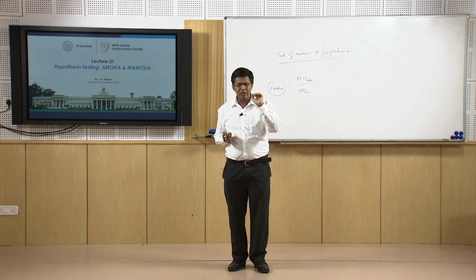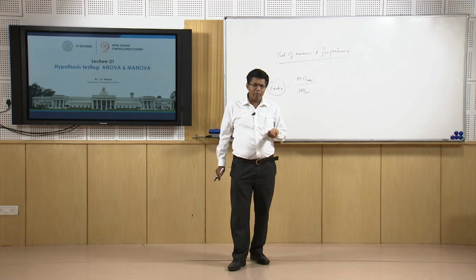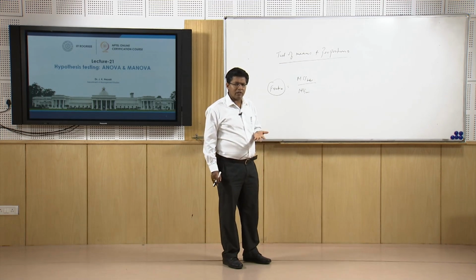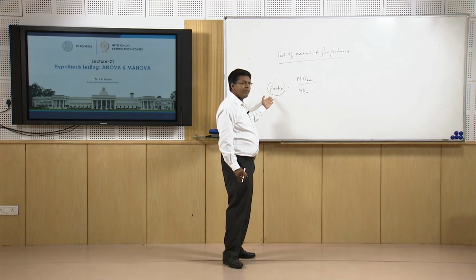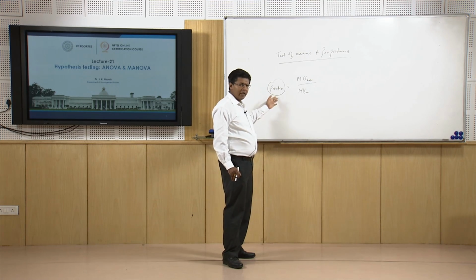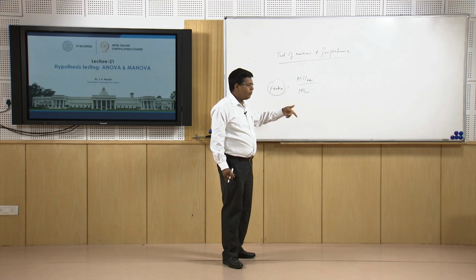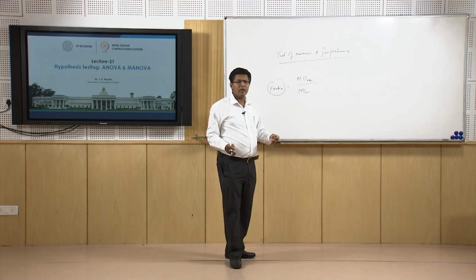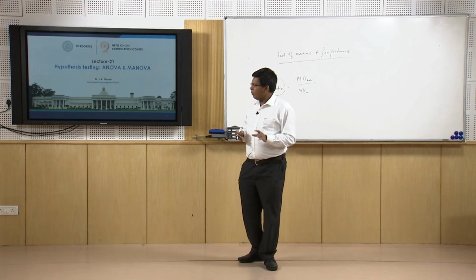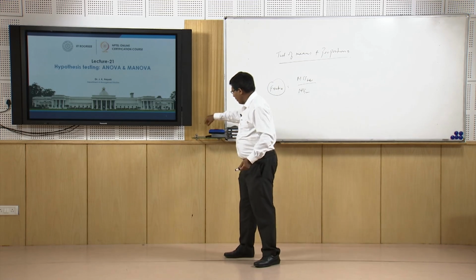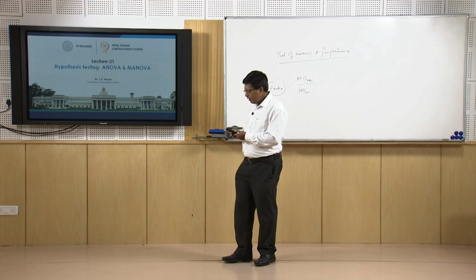Suppose there are 11 players in a cricket team; what is the variance within the team? When you find this variance, you can calculate the F ratio, and by comparing the calculated F ratio with the corresponding table value for F, we can say whether we reject our hypothesis or not. But let us go slowly.